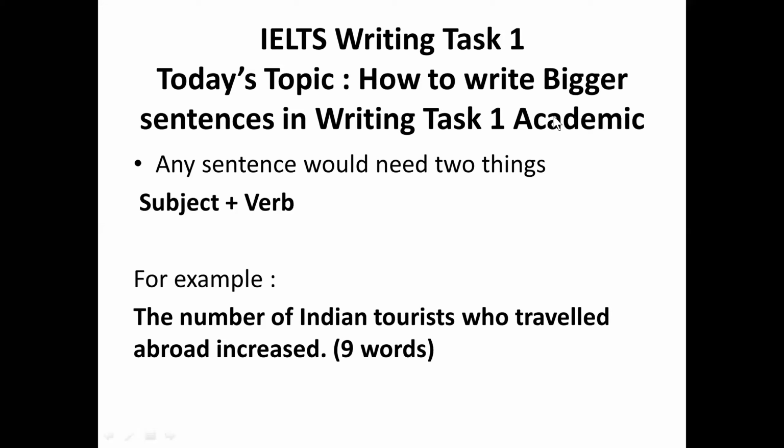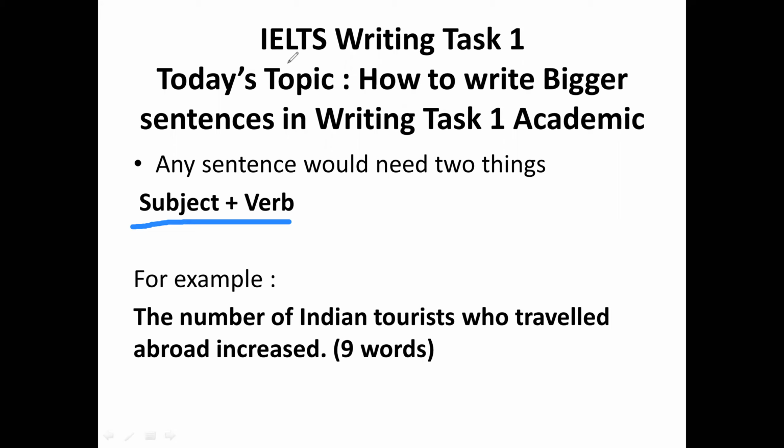Let us try to understand the fundamentals of making a sentence. First things first, a sentence consists of two important things. The first one is the subject, and the second one is the verb. You need these two things to make a complete sentence. For example, the number of Indian tourists who traveled abroad increased.